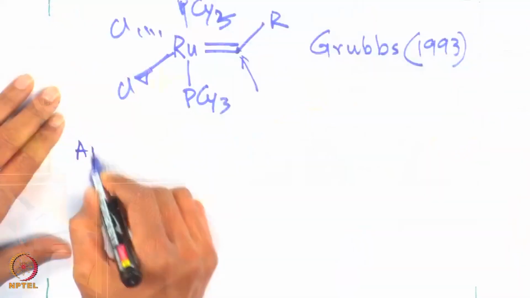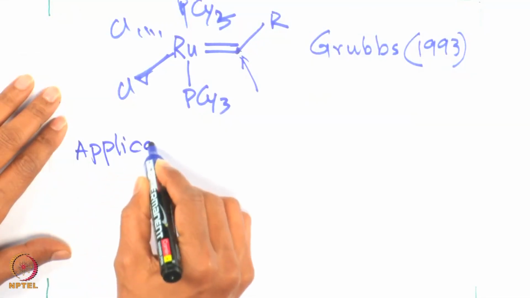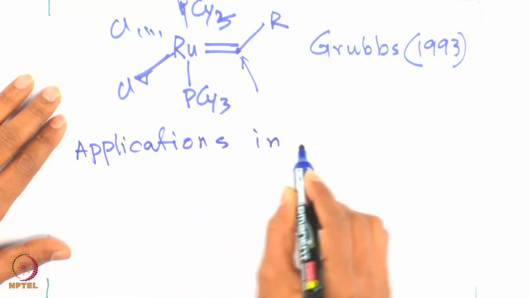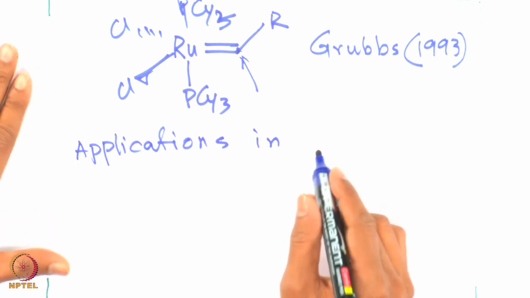We will now look a little bit at their reactivity pattern. So, we will look at the application of this, specifically the Fischer carbene and the Schrock carbene.